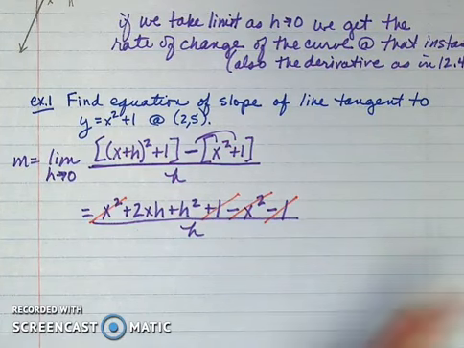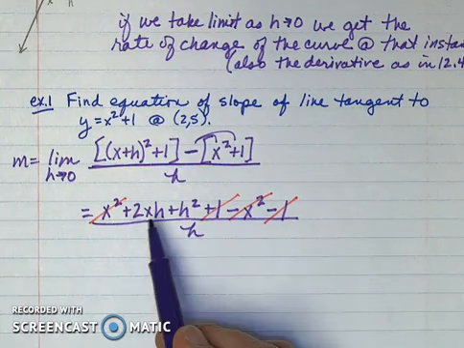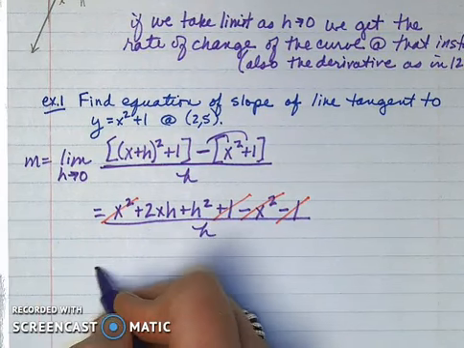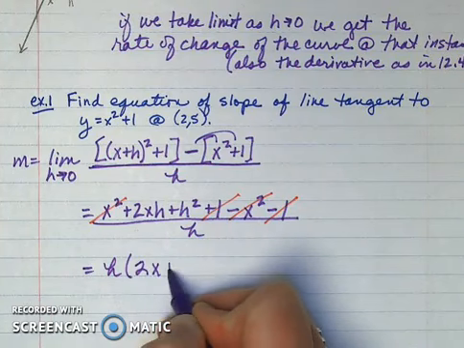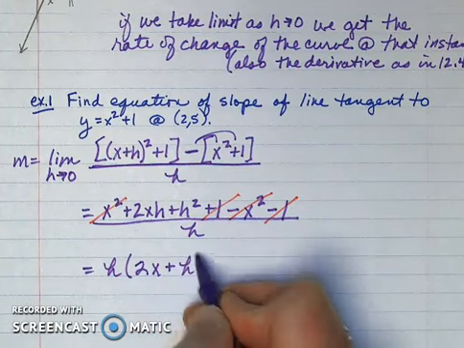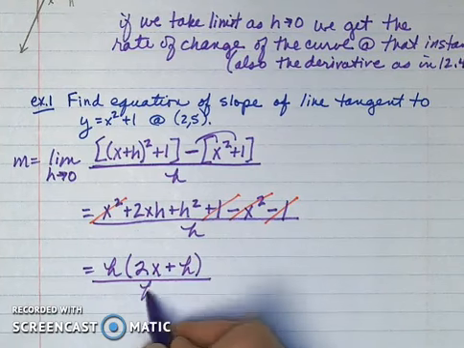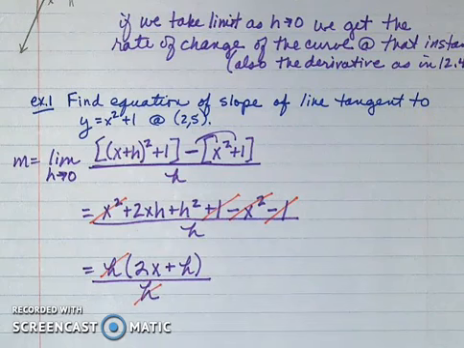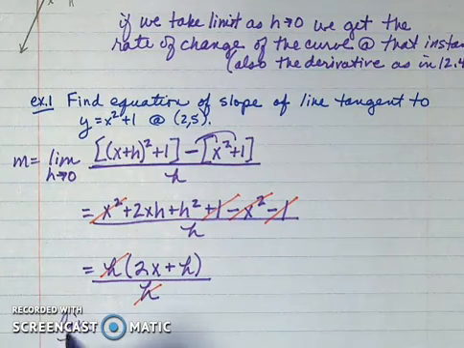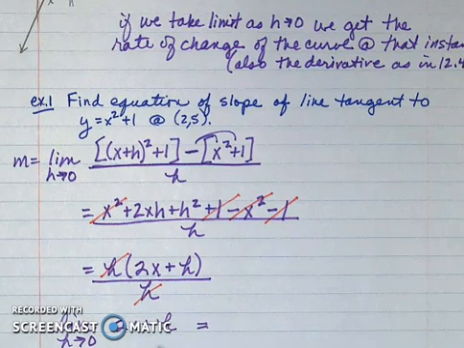Both of the terms in the numerator have an h, so I'm going to pull that out first. That would leave me h times 2x plus h over h. Then they will cancel. Okay? And you are taking the limit as h approaches 0 of 2x plus h. Well, that equals, as h goes to 0, you're left with just 2x.